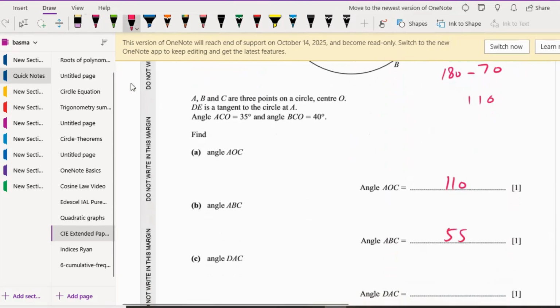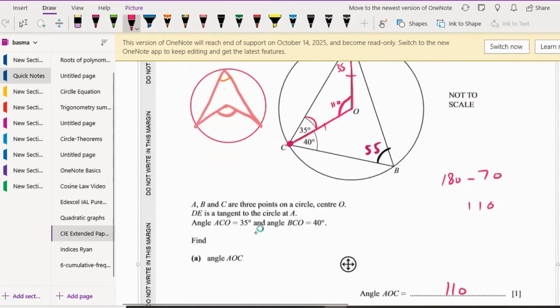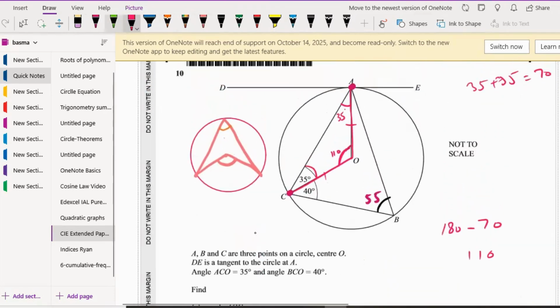Now part C, angle DAC. We have to find DAC angle. Let's see, where is DAC? D to A to C, right? We have to find D to A to C. There is another theorem we will use. The tangent always makes an angle of 90 with the radius.